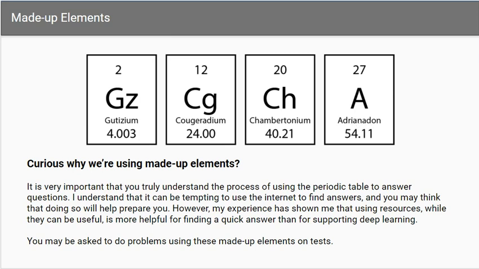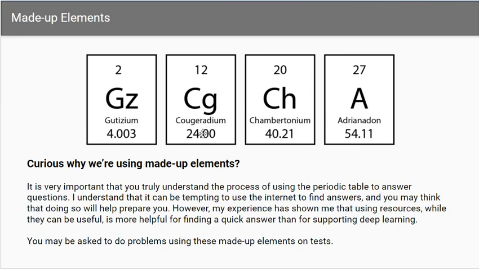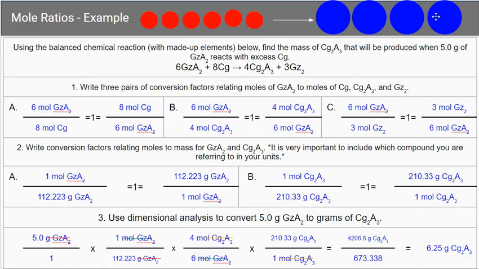And so even without going through and calculating the molar mass, I looked at Cg2A3 and I was like, oh, Cg has a much bigger molar mass than GZ. A3 of these is definitely going to be bigger because we only had 2 in the other one. So I just drew them bigger from the beginning because I was like, this is probably going to have a larger molar mass.